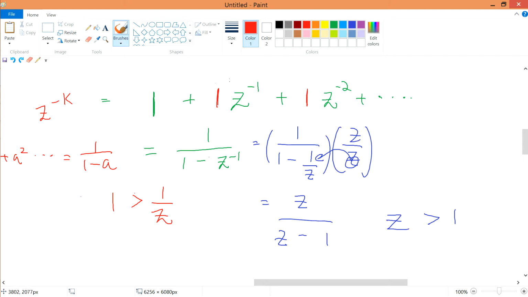So if anything makes this become 0, this means it is unstable. So try to keep it within 1, because if you still remember the unit circle of 1, try to keep it within something smaller than 1.